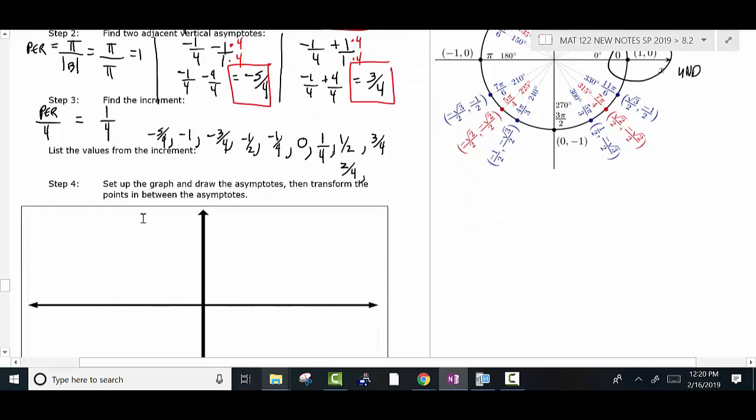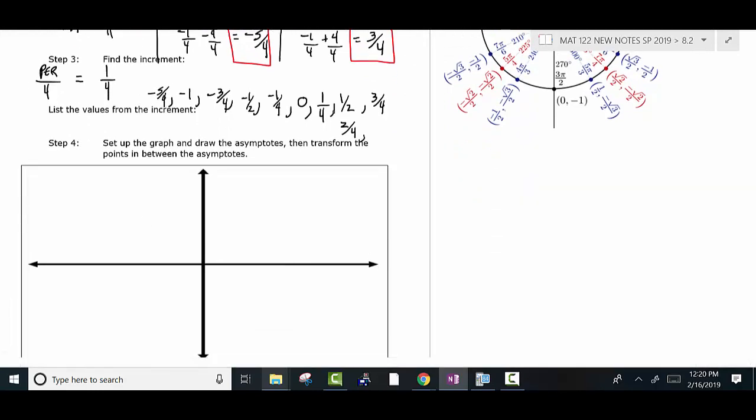Okay. All right, so let's plot this out and get everything set up and label everything. So we'll start with, on this side, 1/4, 1/2, 3/4. That's good enough, okay, because we have an asymptote at 3/4. We go this way, we'll have negative 1/4, negative 1/2, negative 3/4, negative 1, negative 5/4.